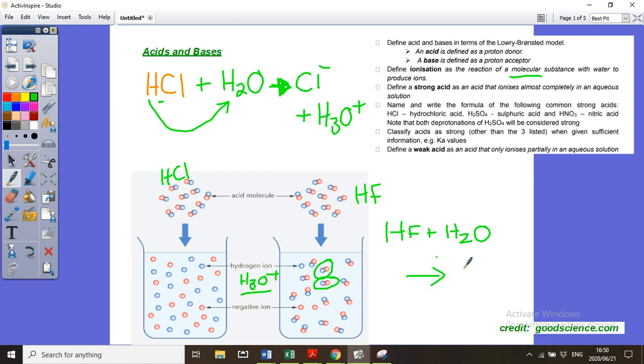But I can form F minus ions with my H3O plus ions, and remember that there can be some of the HF as well. Therefore, I need to write a double arrow for the weak acids, where I write a single arrow for the strong acids.